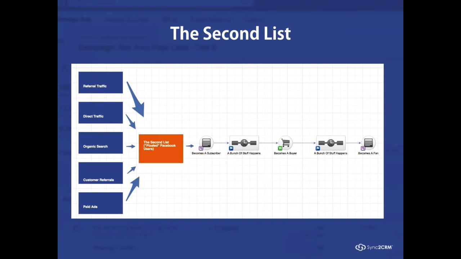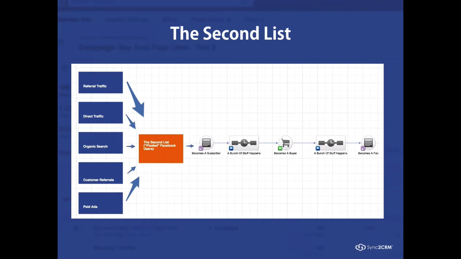The second list is really important because now what we're trying to do is not go direct from cold traffic to give me your email address, but rather we are purposefully in our campaigns creating an interim step where we're driving them, usually using content like a blog post, to our website to get pixeled, and then coming back behind that and using a website custom audience to retarget them.